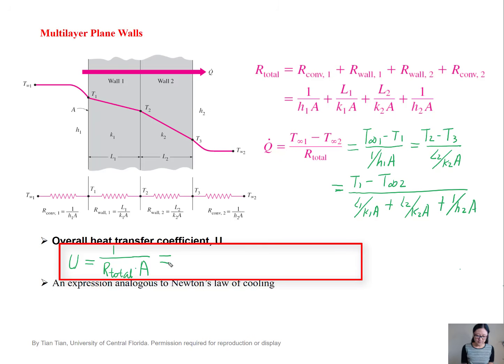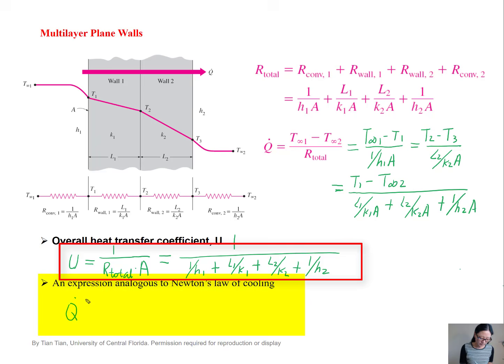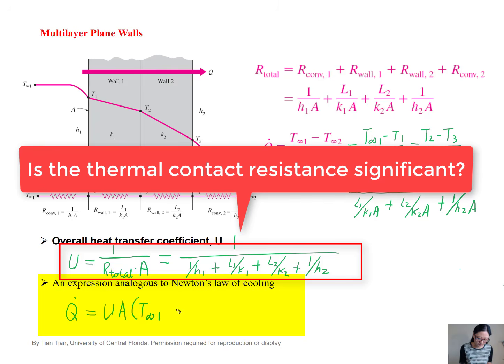For this case, it is. So now we can express the heat transfer rate like this: U multiplied by A multiplied by the overall temperature difference. This is analogous to Newton's law of cooling.